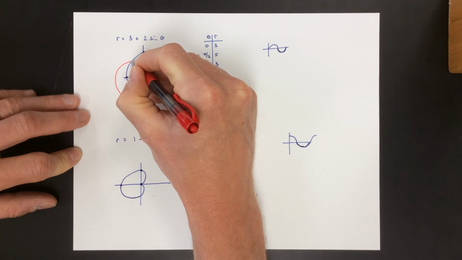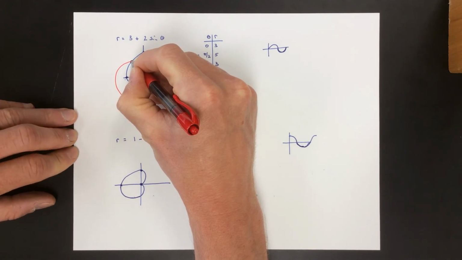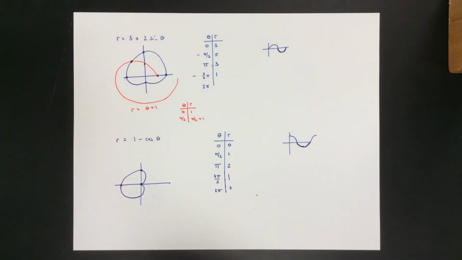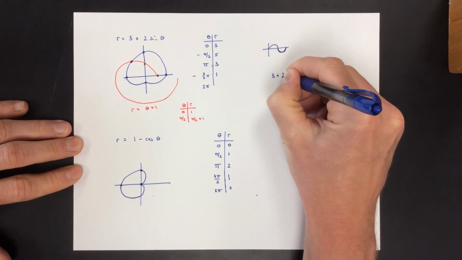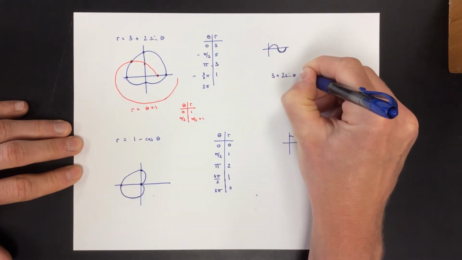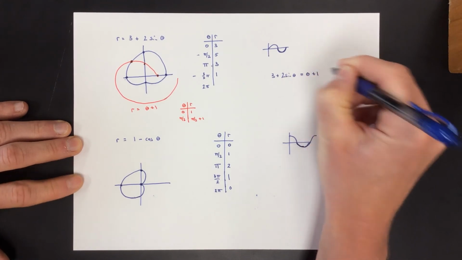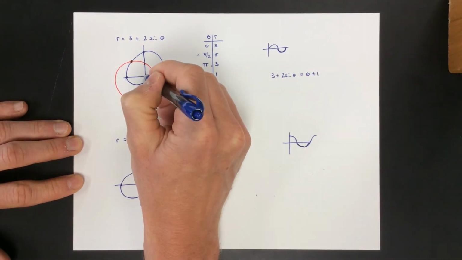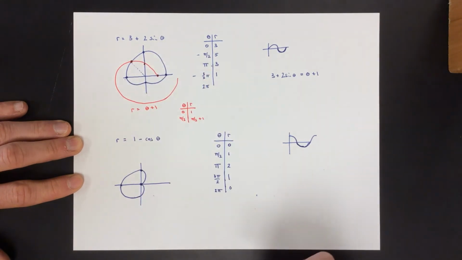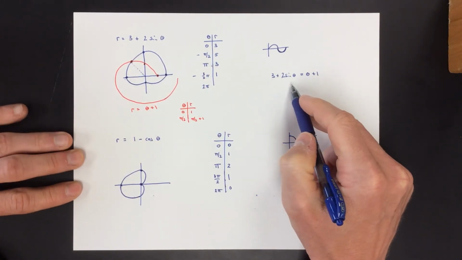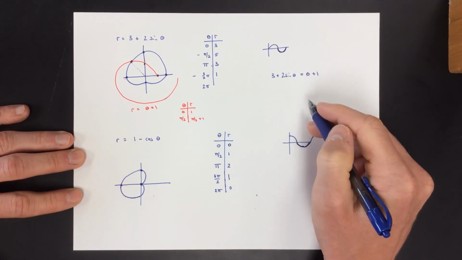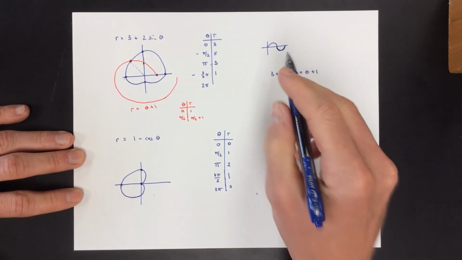And if we wanted to find this intersection point, okay, then what we would have to do is set 3 plus 2 sine theta equal to theta plus 1 and figure out at what angle the R values were the same. Now, unfortunately, this can't happen in polar mode, meaning your calculator can't do this. You can't graph both of them and say find intersection.